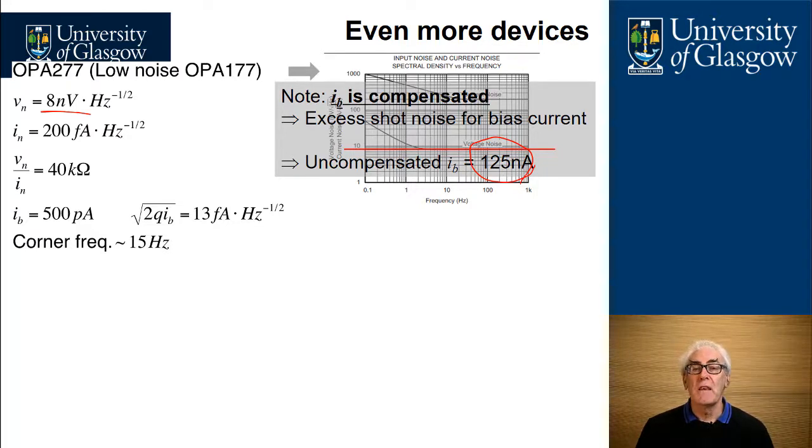So you can see that the bias current has reduced dramatically by using the bias current compensation circuit, but underneath, the noise due to that uncompensated current is still prevalent. And we end up with a noise corner frequency of about 15 hertz for this amplifier.